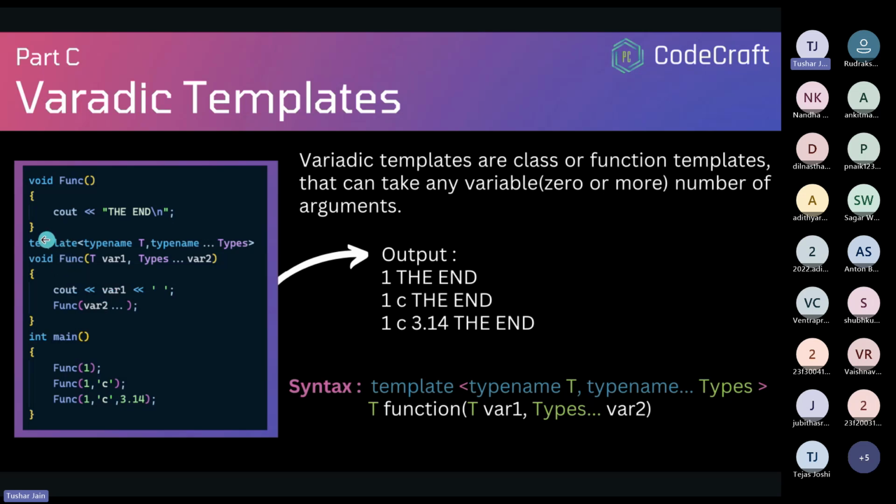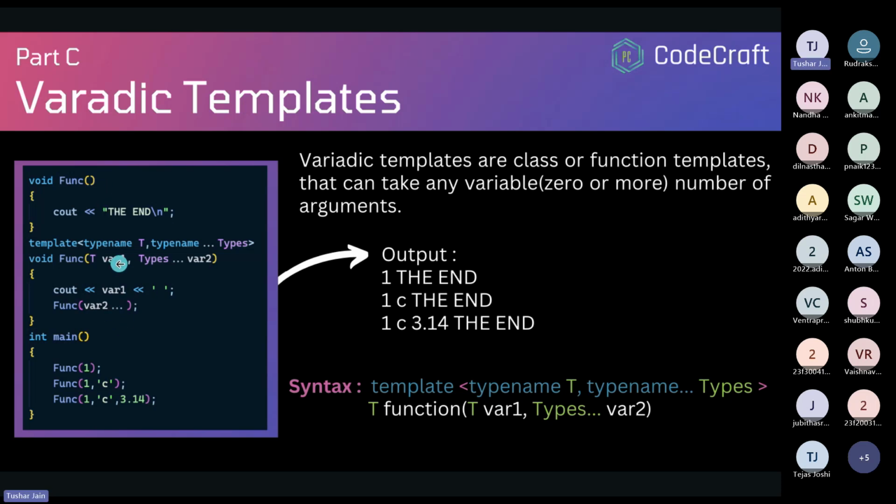Now, while defining this template, I haven't considered the case of defining a function with no arguments. So if I compile the code without defining this stop function, it will throw me an error. So just to deal with that edge case, I defined this function with zero arguments.